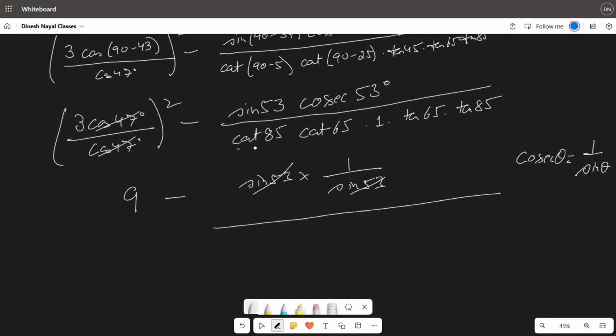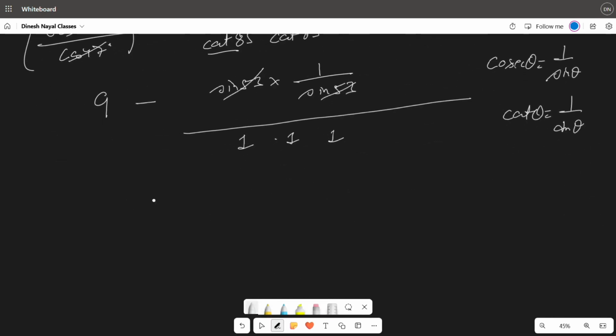Similarly, cot 85 and tan 85: cot theta is 1 by tan theta, so cot 85 is 1 by tan 85 into tan 85, that will be 1. Similarly, cot 65 and tan 65, same thing, this will be 1. Tan 45 is 1. So 1 upon 1 is 1. So this will become 9 minus 1, which equals 8. That's our answer for this question.